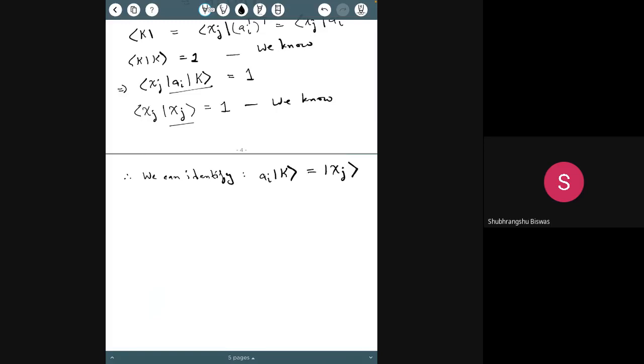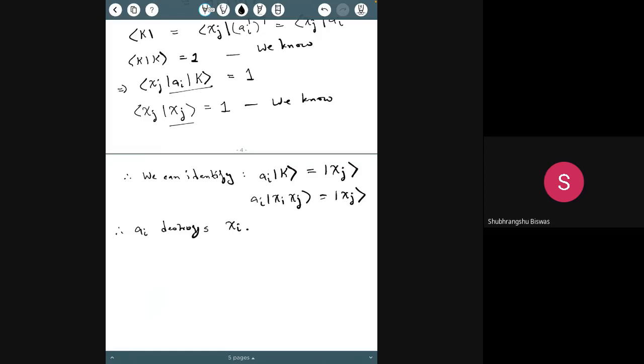And remember, K was chi_i chi_j, which means that the adjoint of a_i dagger, which is a_i, destroys chi_i. So therefore, a_i destroys chi_i. Okay. This is the justification for calling the creation operator a_i dagger when the corresponding annihilation operator is a_i.